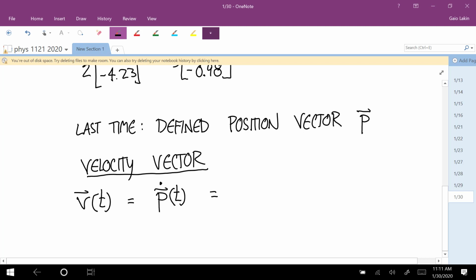The way derivatives work with vectors is you just take the time derivative of the x component and the time derivative of the y component, and those are the components of the vector.